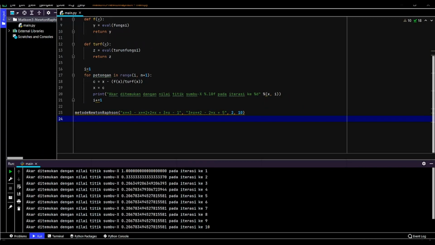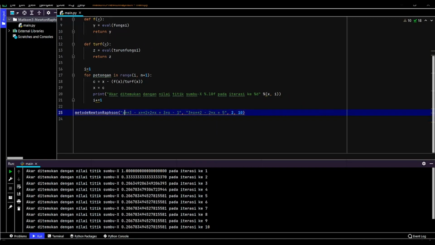In the derivative function, 3 times x squared: 2 squared is 4, 4 times 3 is 12, minus 2 times 2 is 4, minus 4 plus 5 is 1, 1 plus 12 is 13.